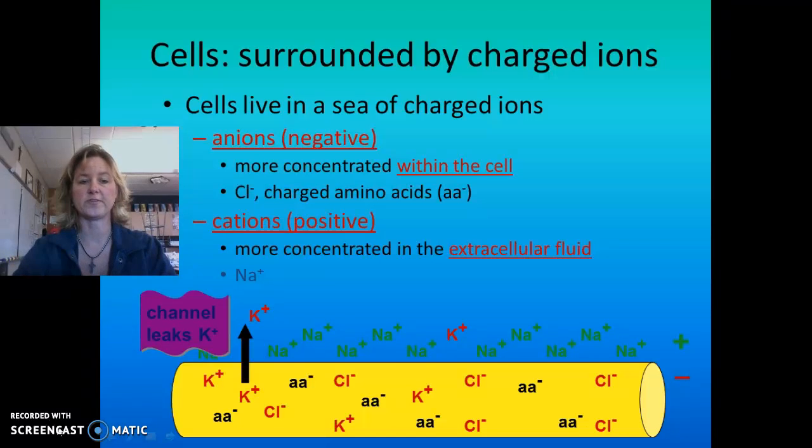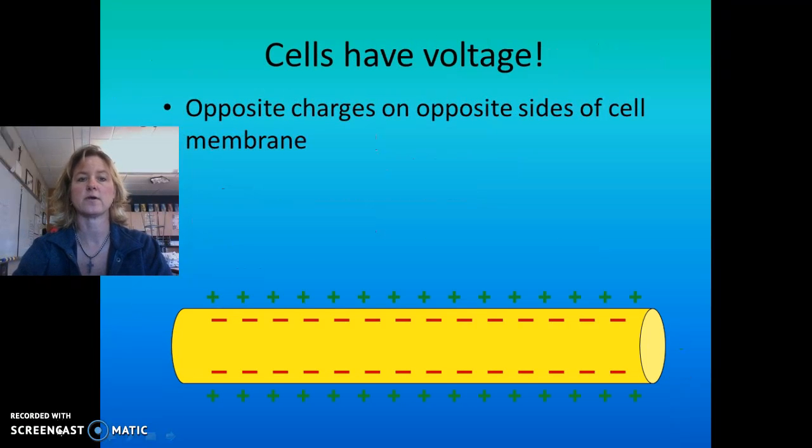They are called voltage-gated because in order for them to open up and allow their substance to travel through the channel, an electrical gradient is going to cause these channels to open up. And we'll see that as we start to move through here.